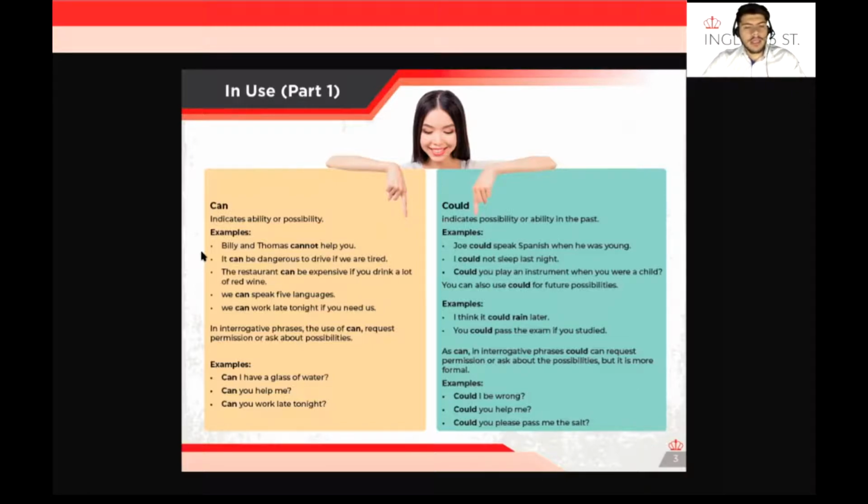So, as I said, can is one of the simplest modal verbs. And as we know, the rules for the modal verbs are that, first of all, as you can see here in the second example, the modal verb does not change.